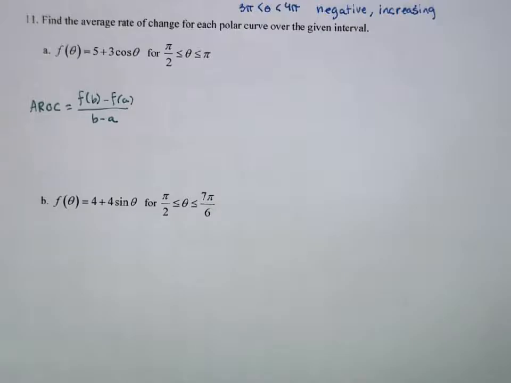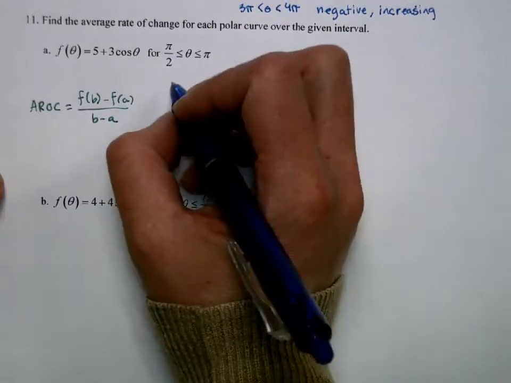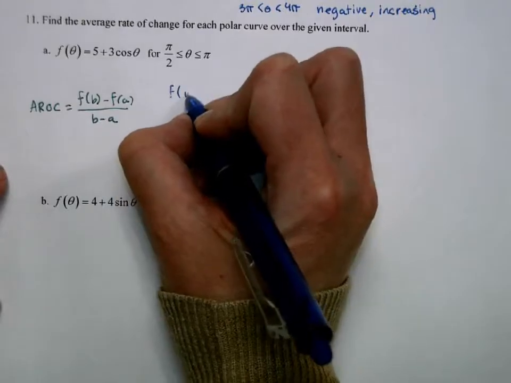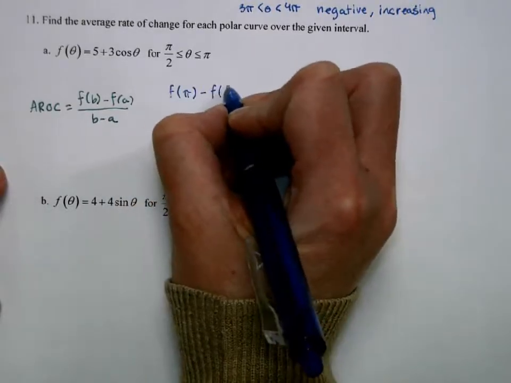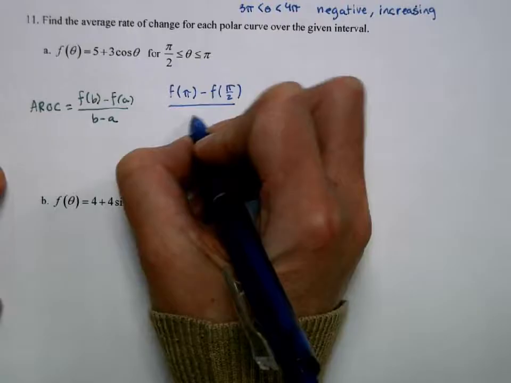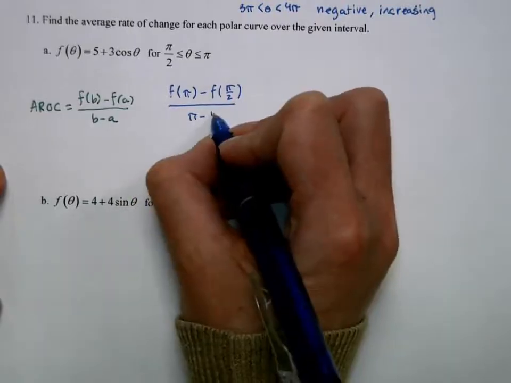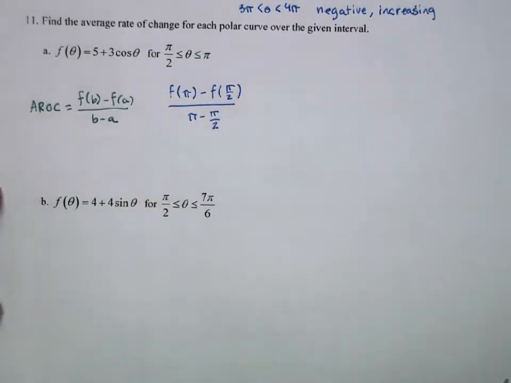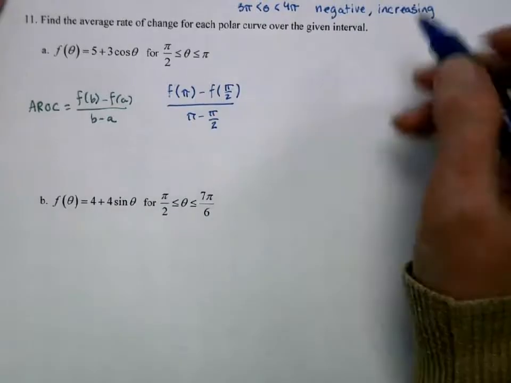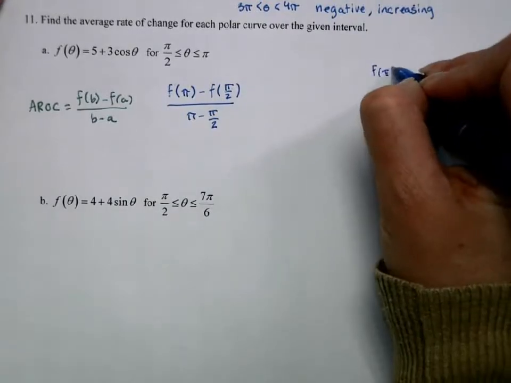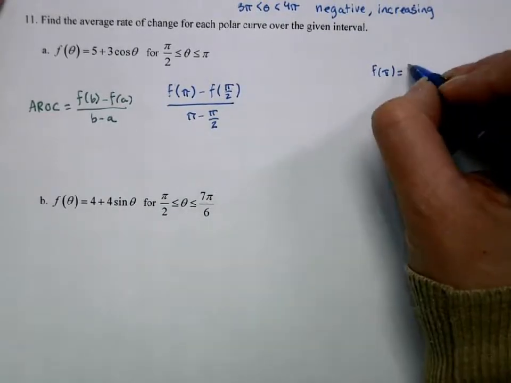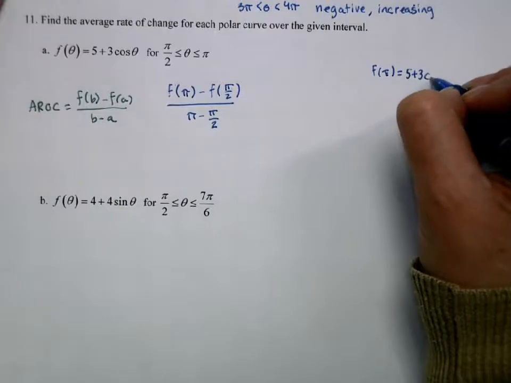So for this one, we're going to have f of pi minus f of pi over 2, over pi minus pi over 2. I'm going to do these calculations separately. Okay, so cosine of pi is negative 1, so we're going to get a 2 out of that.